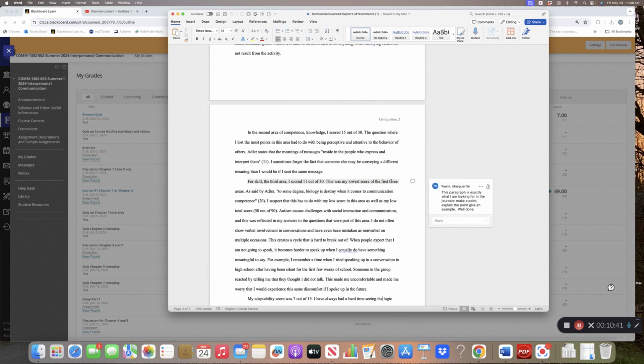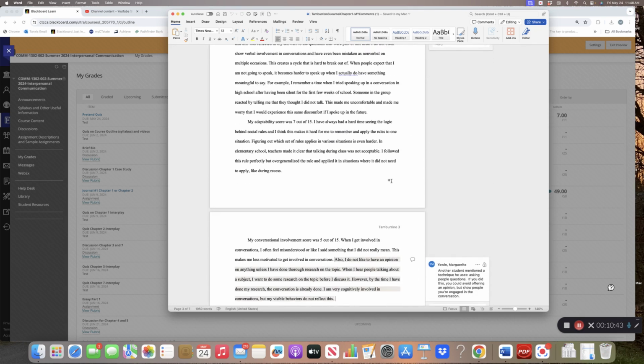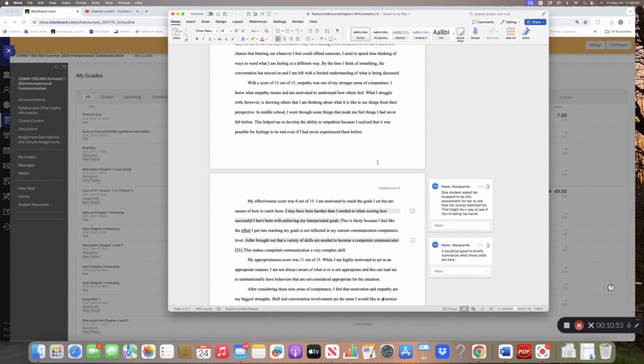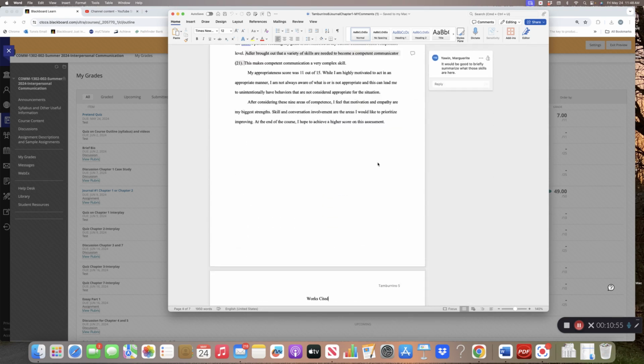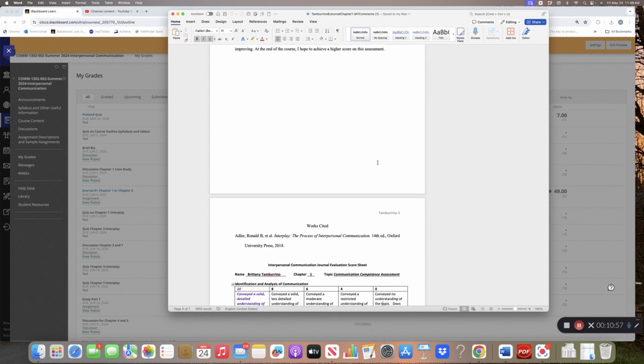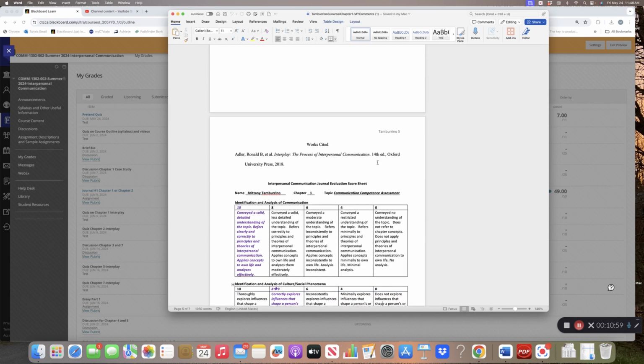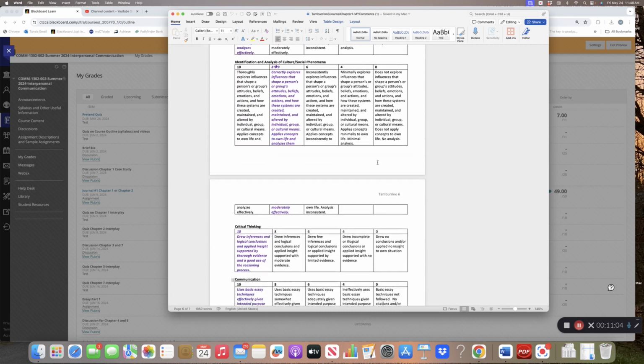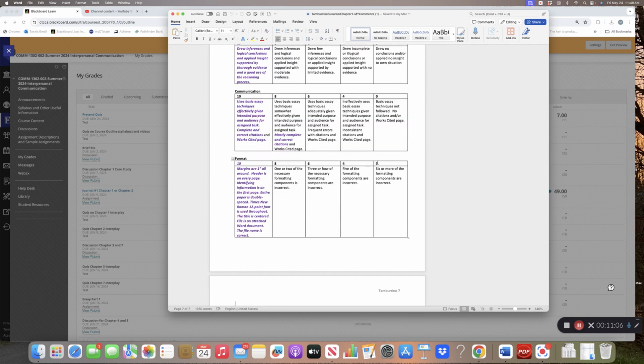Sometimes instead of comments in the margin, I will highlight something. Anyways, so there are marginal comments, and then there is the score sheet, and purple's my favorite color, so you will see I did each one.